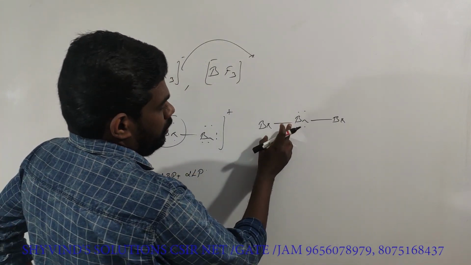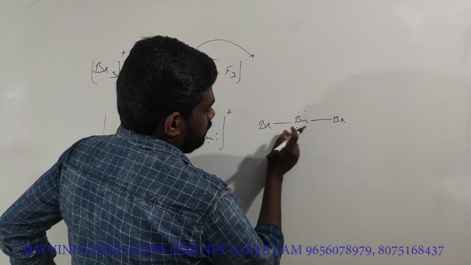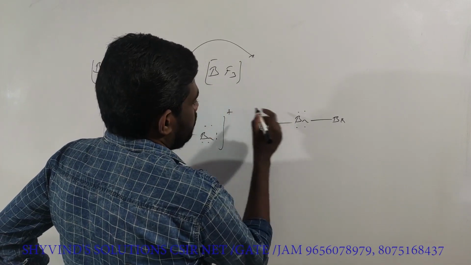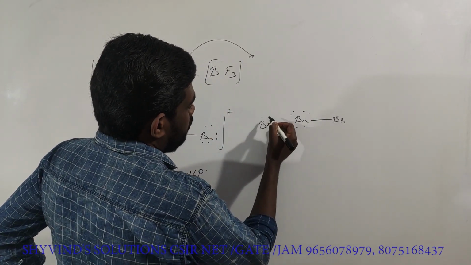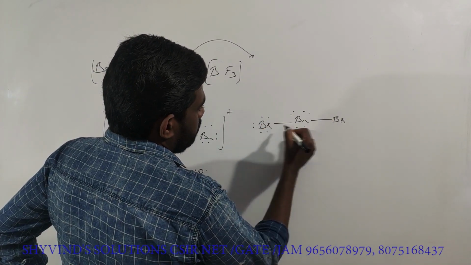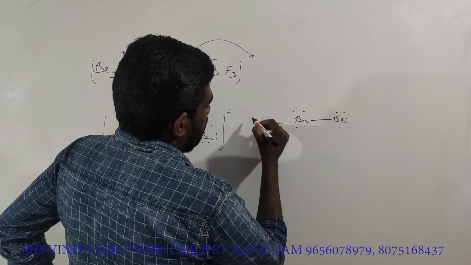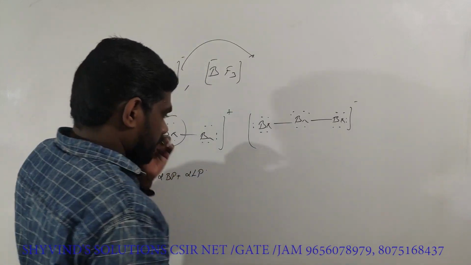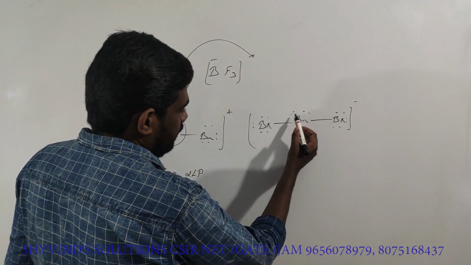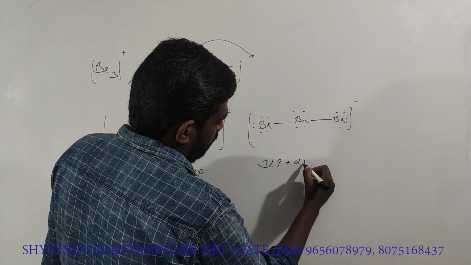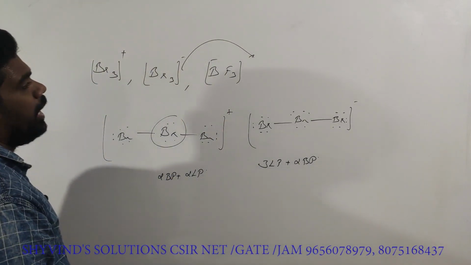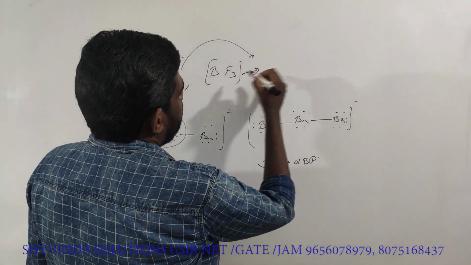So now we have 2, 4, 6, 7, plus a minus charge, so additional lone pairs. This will be the structure of Br3 minus. So you can see here 3 lone pairs plus 2 bond pairs. That is the situation. And BrF3, what about this one?